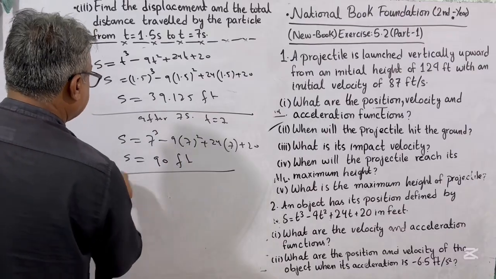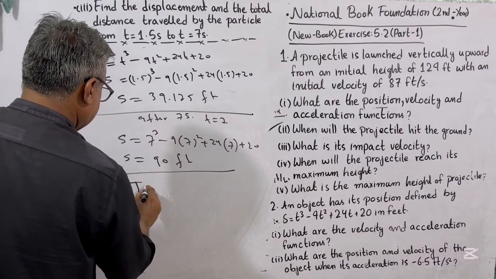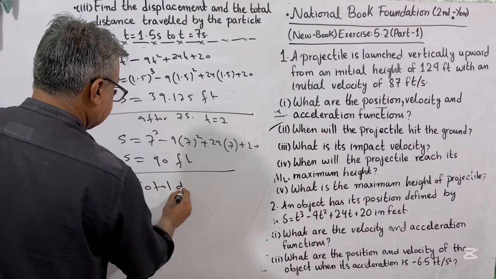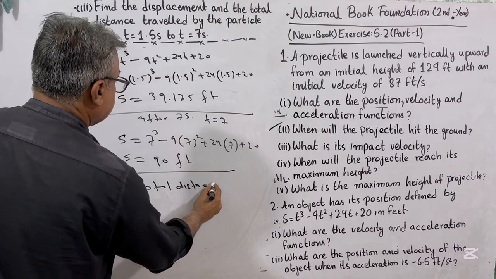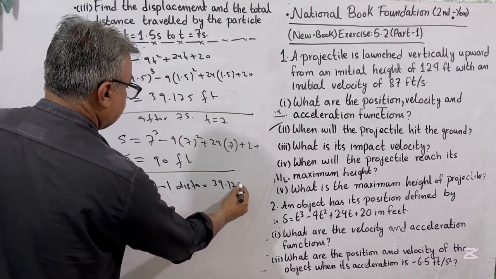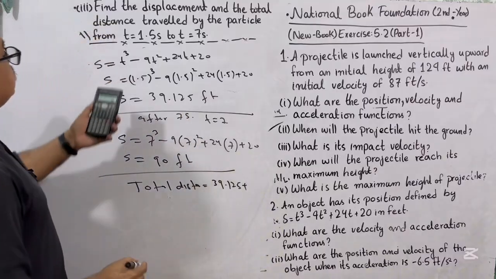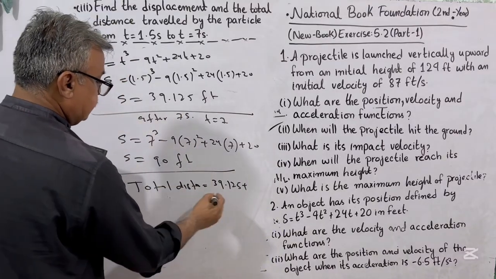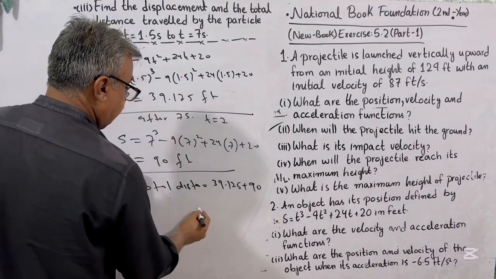Adding both of these, we have the total distance. When our time is 1.5 seconds, the distance is 39.125, and after 7 seconds, it has traveled 90 feet.